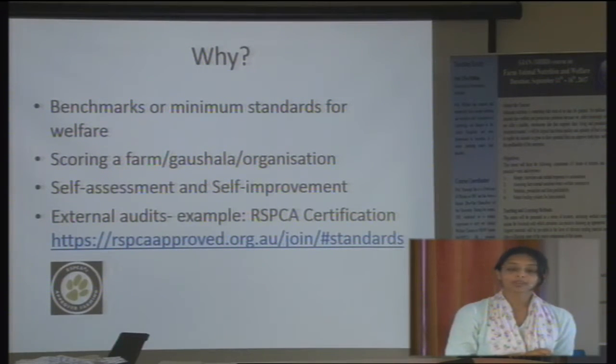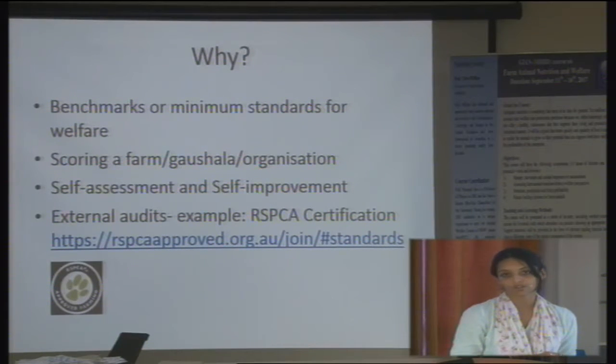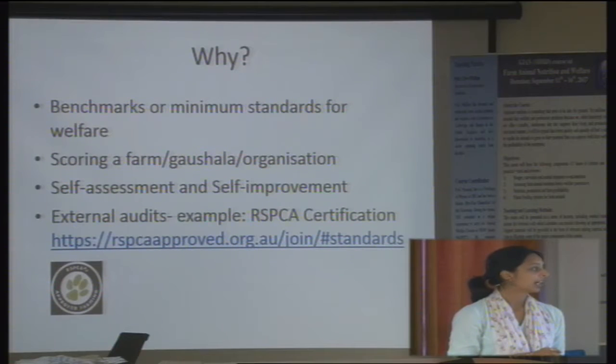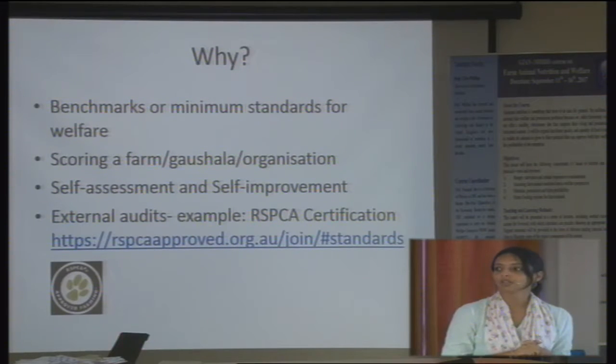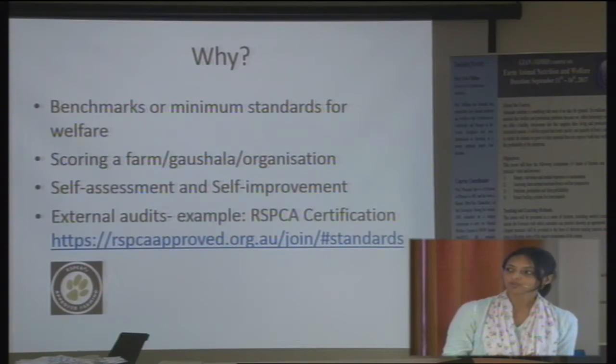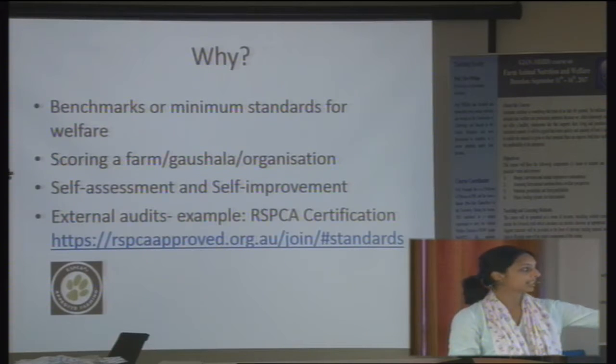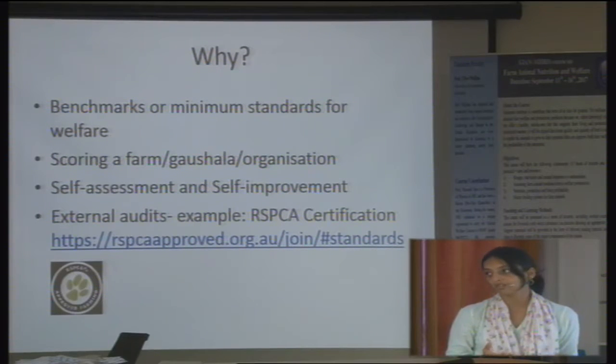Once you have minimum standards, you can use those standards to score a farm or a Gaushala or any kind of institution. And I'll talk a little bit more about one way that you can do scoring. You can take that score back to a Gaushala manager and say, look, this is your score. You've scored well in this part and not in this part. And they can take that and they can assess themselves year after year.